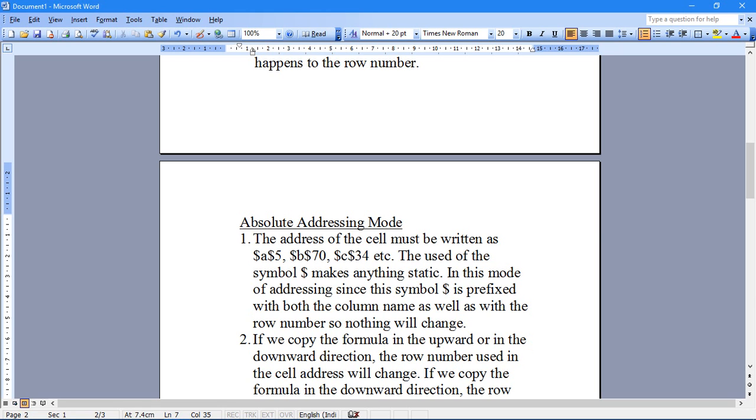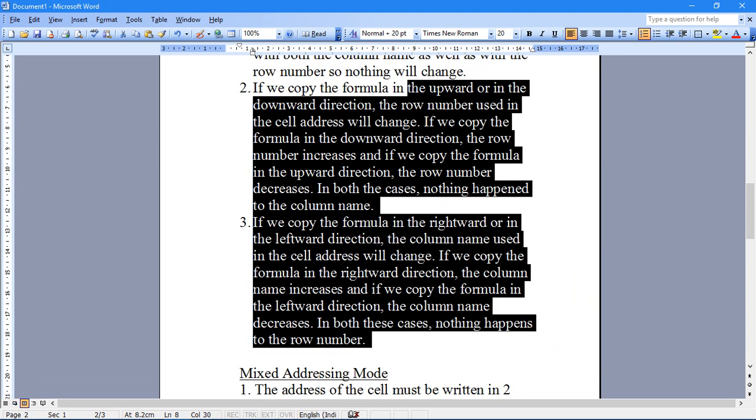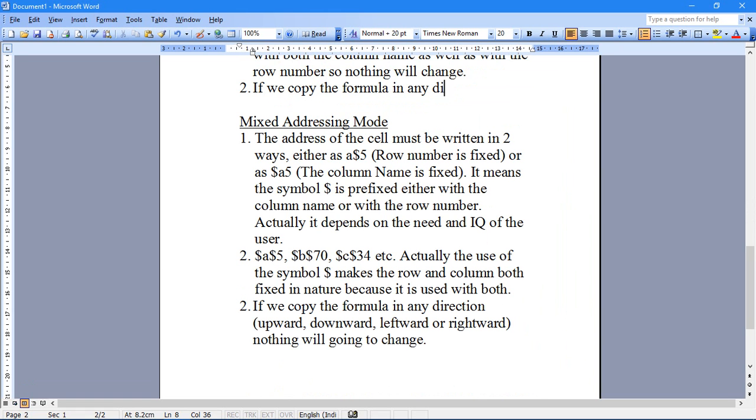It means if we copy the formula in any direction, nothing is going to change.